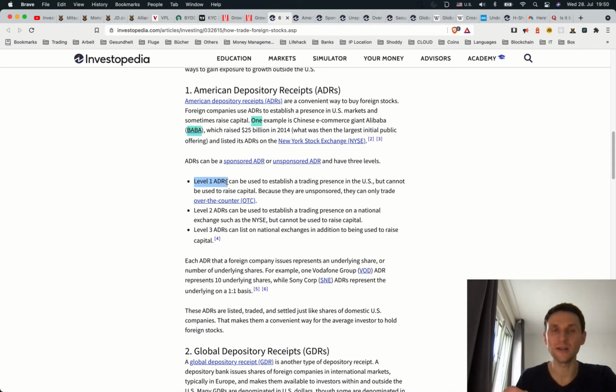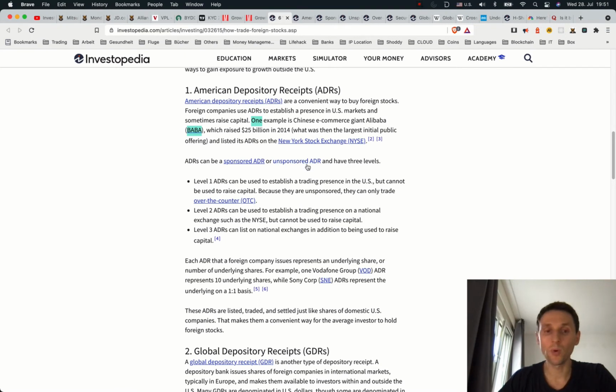With this ADR, a foreign company can raise capital. It can be listed on a national stock exchange, and of course it can be traded on a national stock exchange. So you guys see we have 3 types of sponsored ADRs, and behind those ADRs we always have a depository bank like Citigroup, for example.